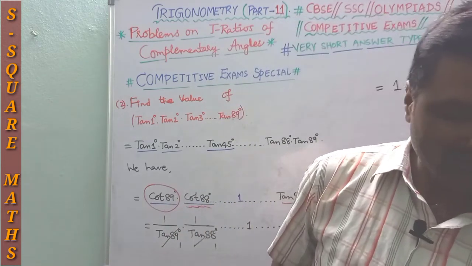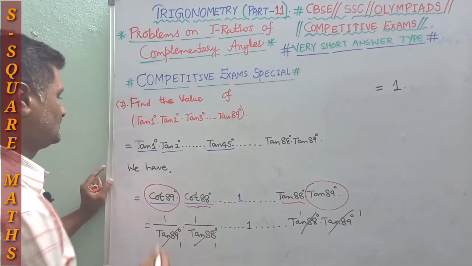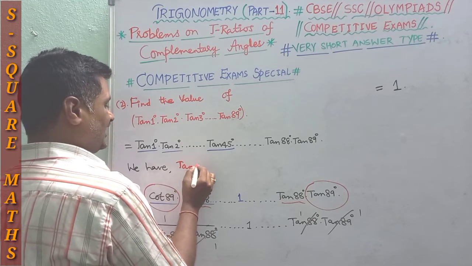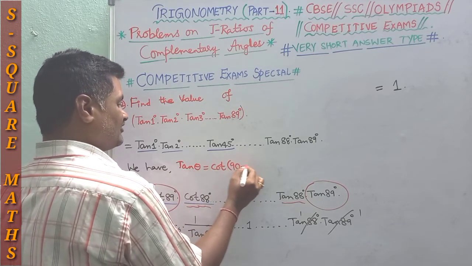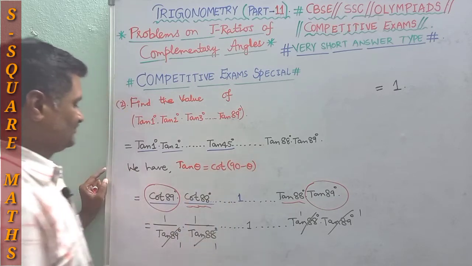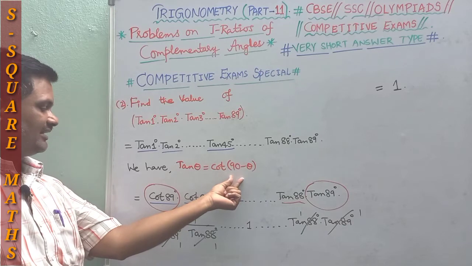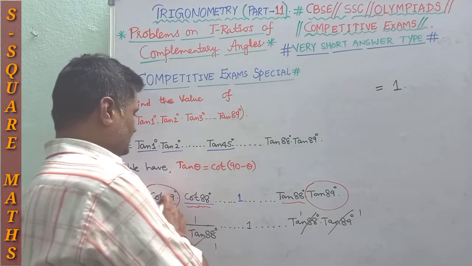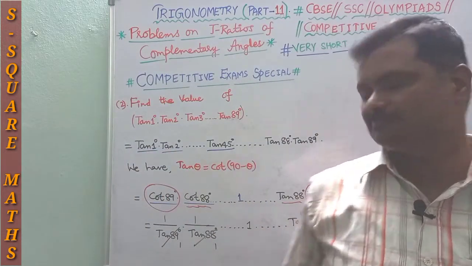Okay. So now what has been used, that I am writing here. So we have tan theta is equal to cot of 90 degrees minus theta. Okay. So cot of, here, 1 degree can be written as 90 minus 89 degrees, that I have written here.